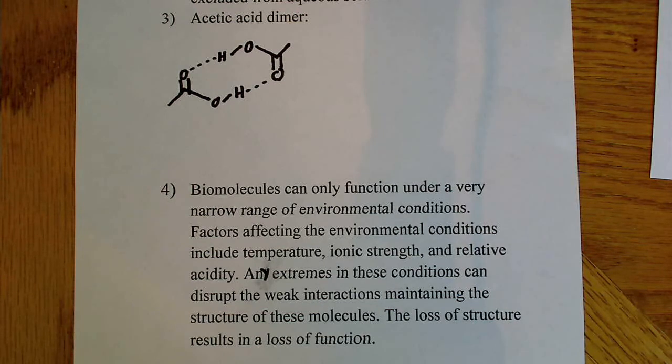Factors affecting the environmental conditions include temperature, ionic strength, and relative acidity. Any extremes in these conditions can disrupt the weak interactions maintaining the structure of these molecules. The loss of structure results in a loss of function. So the key thing here is that the loss of structure results in the loss of function. That's a big picture concept for the entire course, and it will become important again when we start discussing protein structure.